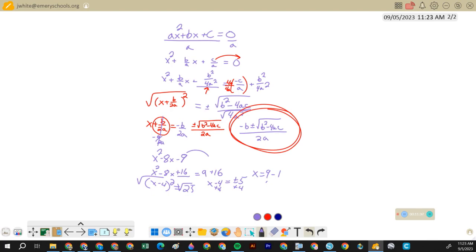This is b over 2 and then squared, right? That number is b over 2 squared. And then this number is b squared minus 4ac. It's all in there. It's a little bit hard to see, but that's all the quadratic formula is.